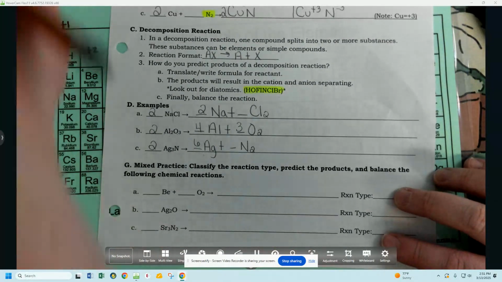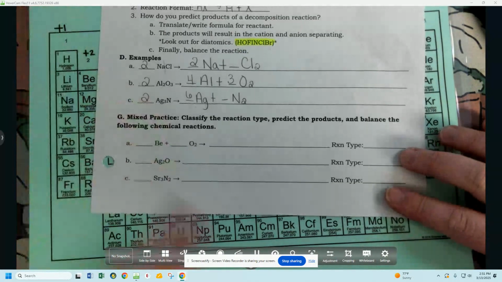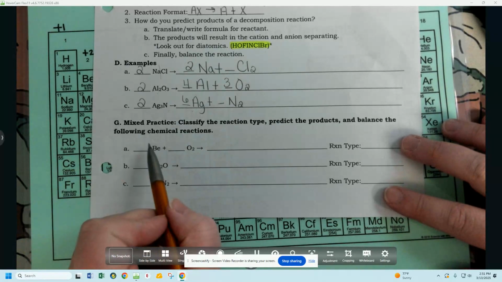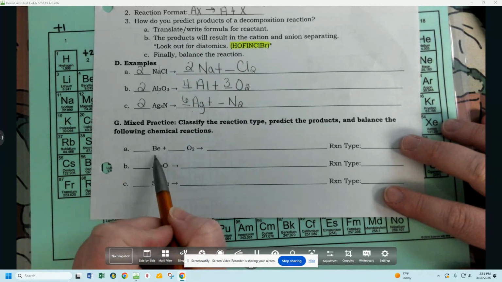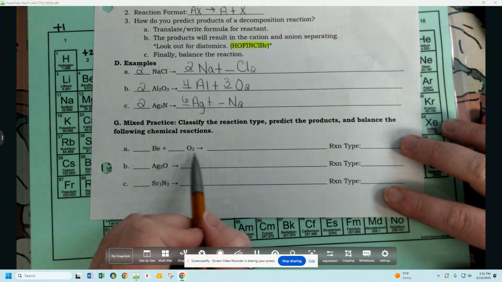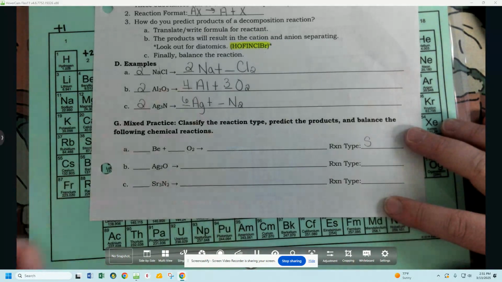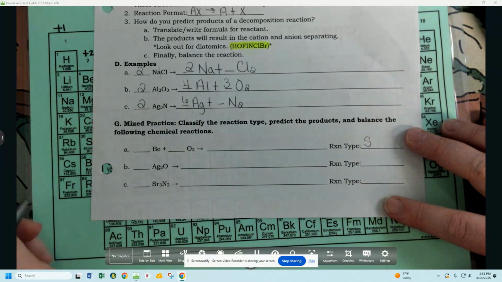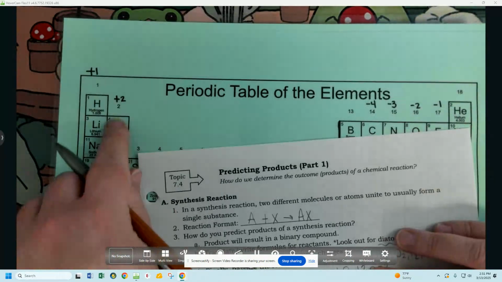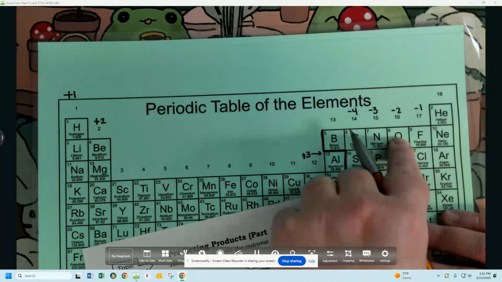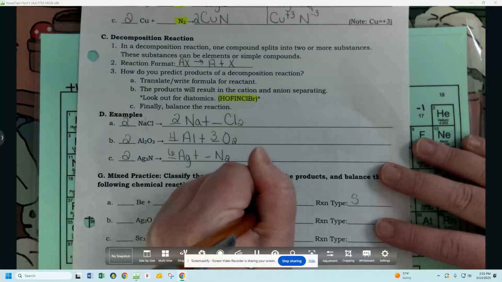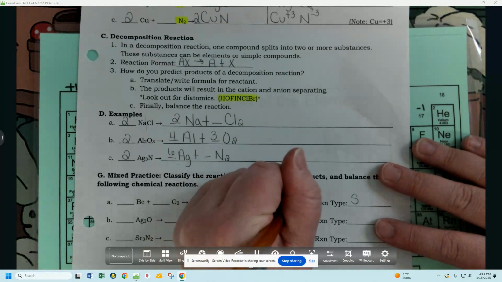Okay. So when they're mixed together, you have to decide, is it synthesis or decomposition? I see that I have 2 reactants, and they're both elements. The only thing I can do is combine them together, so this is synthesis. They combine together through charges. Beryllium is a +2. Oxygen is a -2. So we have Be +2, O -2.